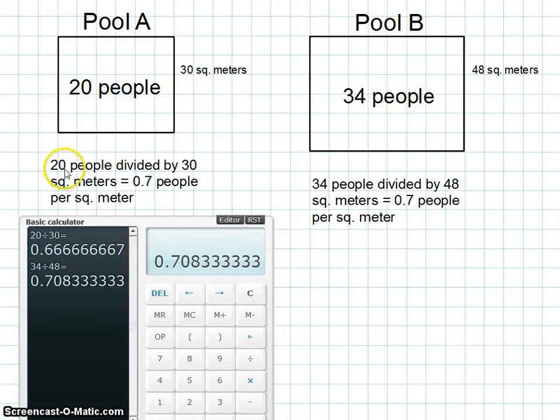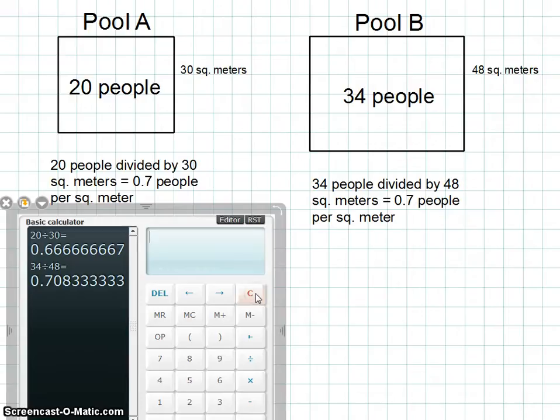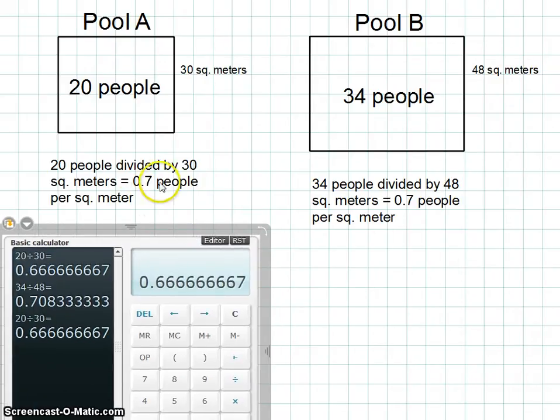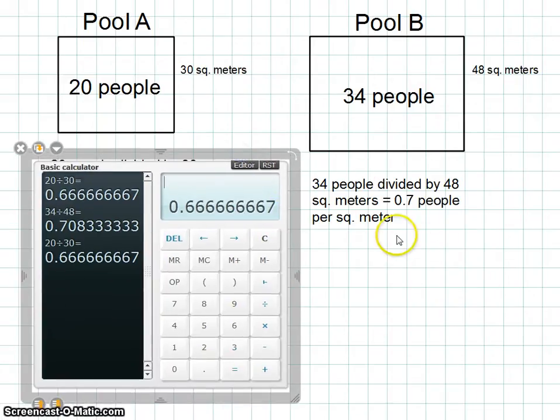So let me do 20 divided by 30 again, because that's the number sentence here. When we rounded it to the nearest tenth, we said 0.7, but the actual number is less than 0.7, right? It's less than that.